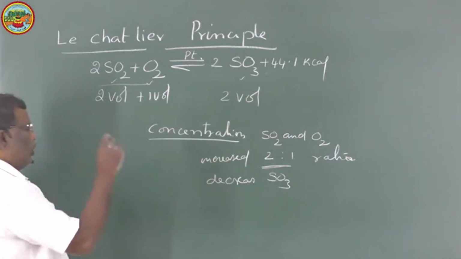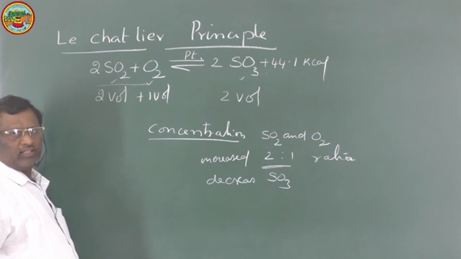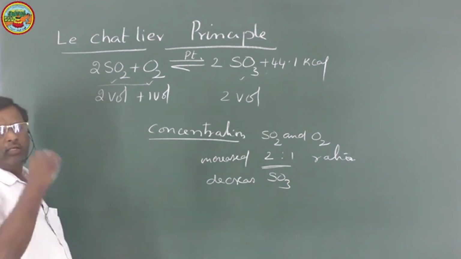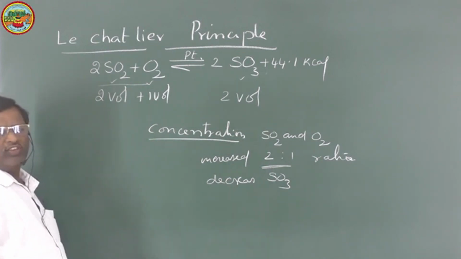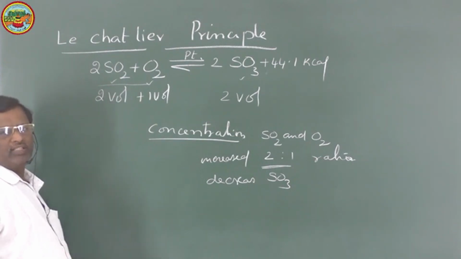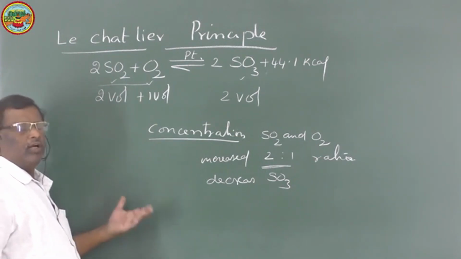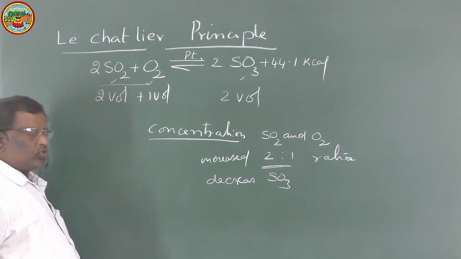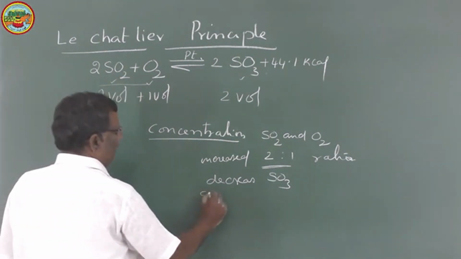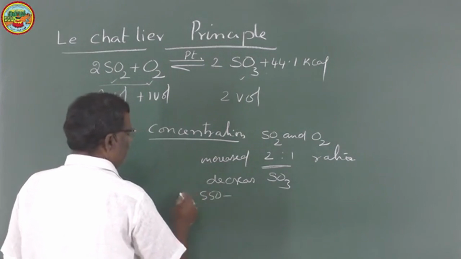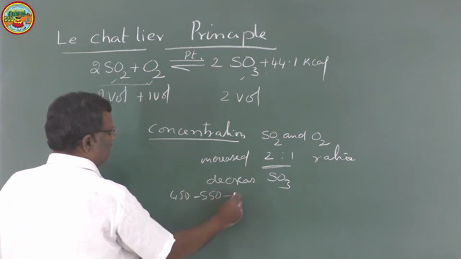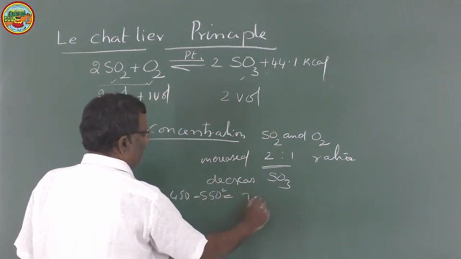Next, low temperatures favor forward reaction. Low temperatures favor more production of SO3, but at very low temperatures, the rate of the reactions is very slow. So an optimum temperature of 450 to 550 degrees centigrade will be maintained.